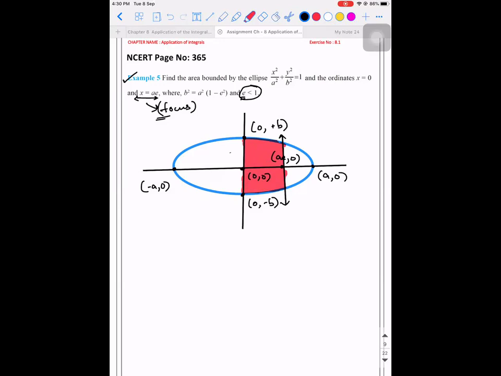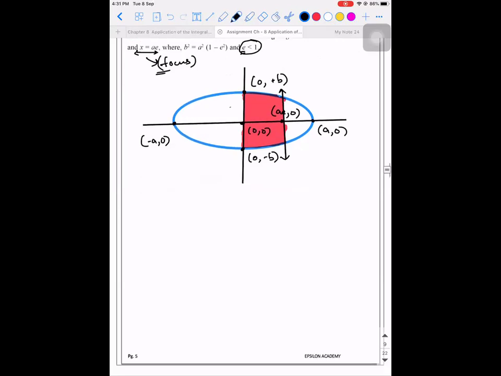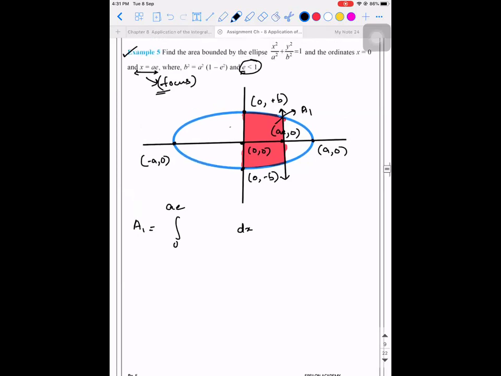Correct? So I will find one area only, A1, and I'll multiply it with 2. A1 is the integral from 0 to ae. Since you're taking the limits of x, you're integrating with respect to x. Here you need to write f of x. So what is f of x?